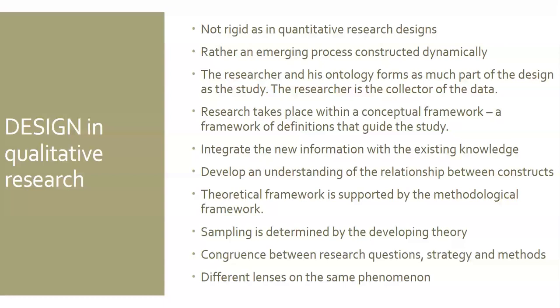They must all line up into one. So qualitative research is also about having different perspectives on the same phenomenon. That's why two people can study the same phenomenon and find entirely different perspectives on it.